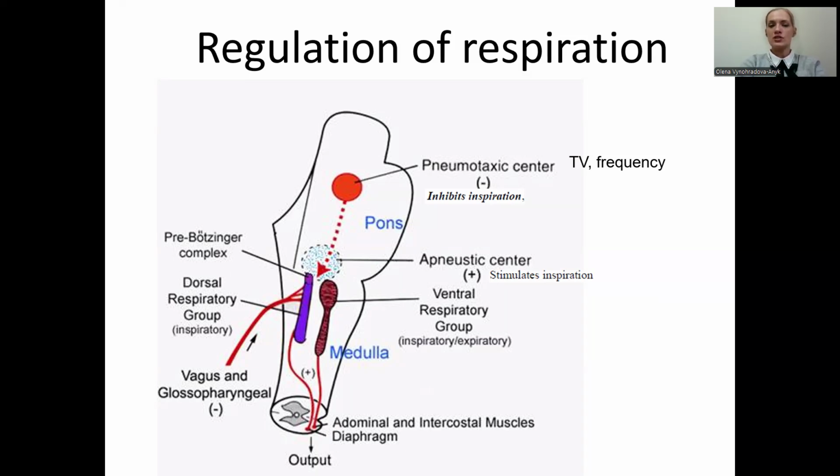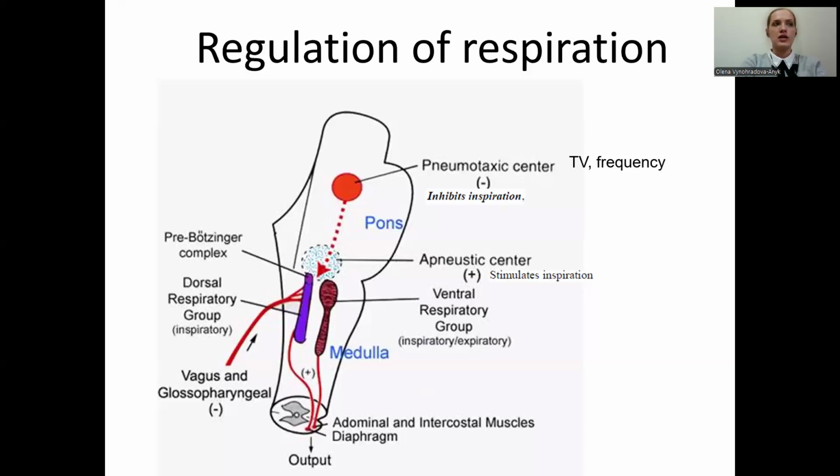Interesting that the dorsal respiratory group consists of only inspiratory neurons. They are responsible only for inspiration. The ventral respiratory group is like an additional group, and the neurons located there are responsible for inspiration and for expiration.